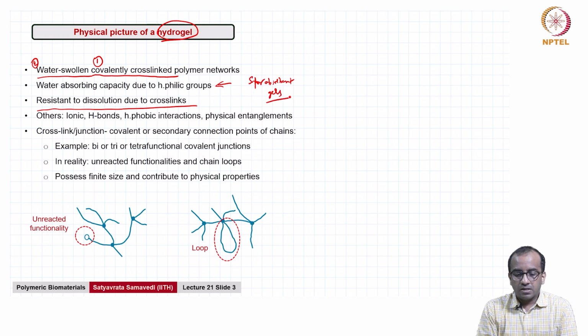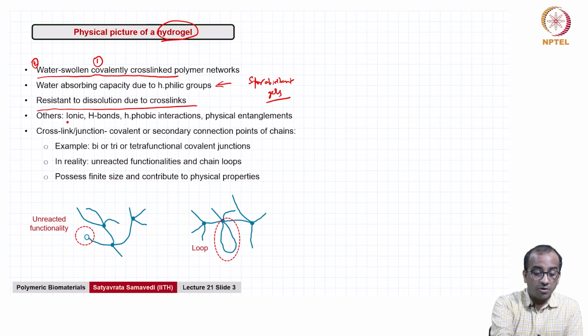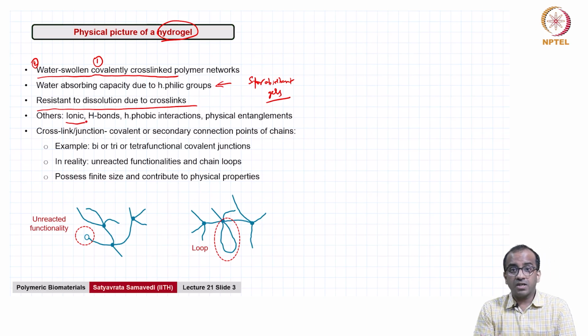Now, the fact that they are covalently cross-linked doesn't mean you can't have other types of interactions or even other types of ways to prepare hydrogels. For example, you can also have ionically cross-linked hydrogels, where we have seen earlier that if you have polymeric chains, natural polymers particularly, that are positively or negatively charged, those can be cross-linked across the chains through the use of the oppositely charged species, right.